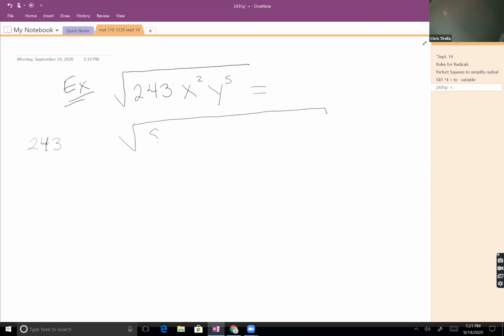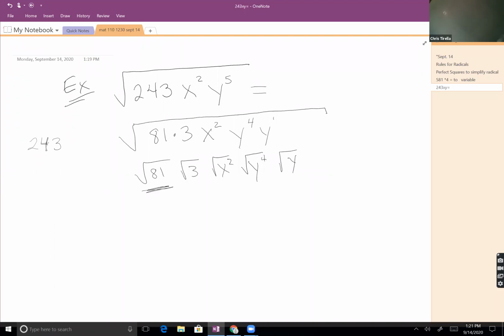So that becomes 81 times 3, beautiful. X squared stays because it's even. And what should we do with that y to the 5th? Y to the 4th times y. Beautiful. Then we'll take the square root of 81, the square root of 3, the square root of x squared, the square root of y to the 4th, and the square root of y.